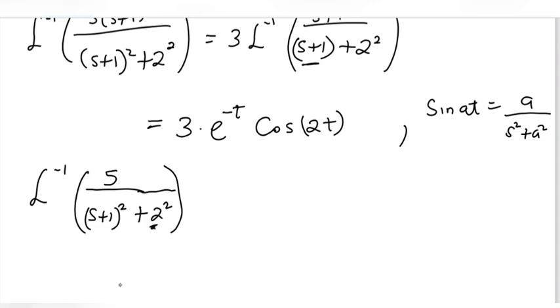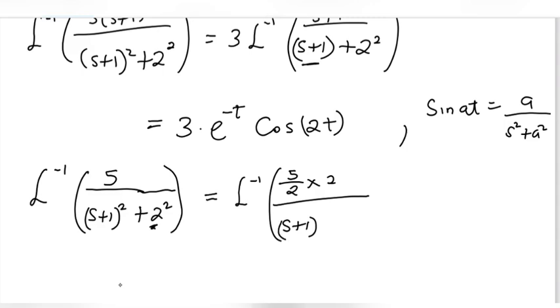How do we do that? This is just the same as Laplace inverse of 5 over 2 times 2, which is still 5, all over s plus 1 all squared plus 2 squared. And this is just simply 5 over 2.